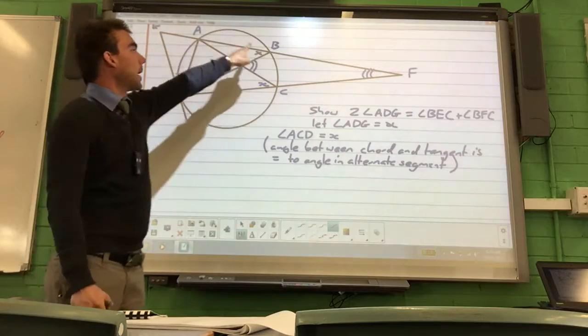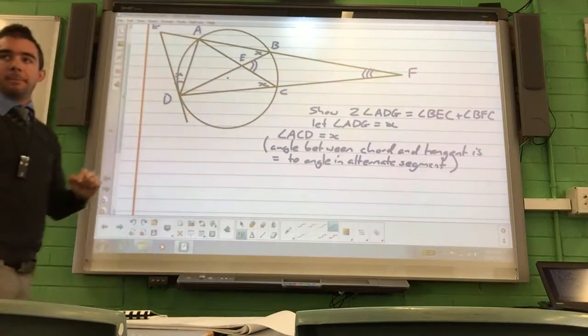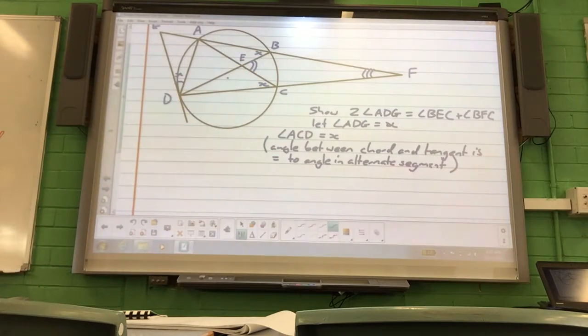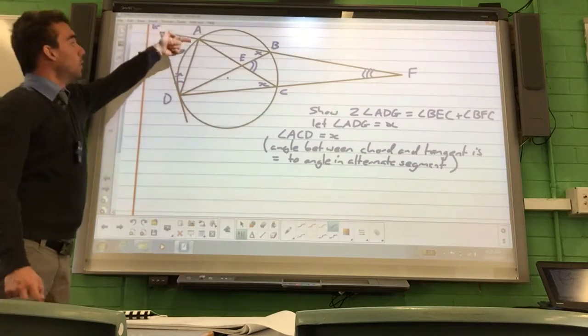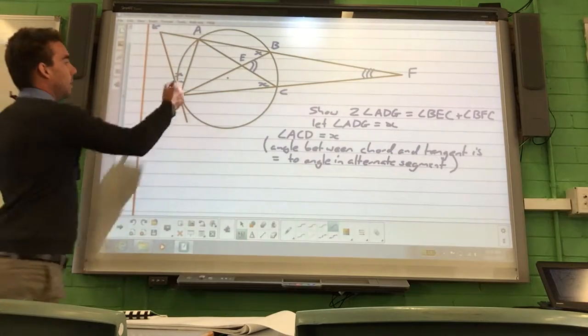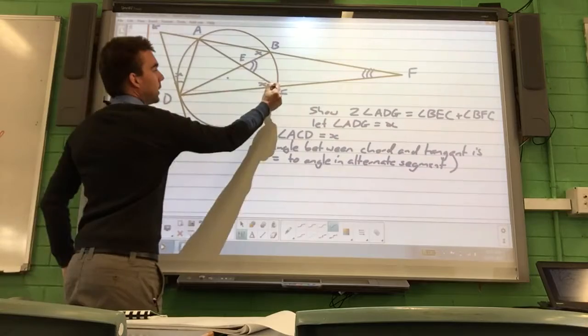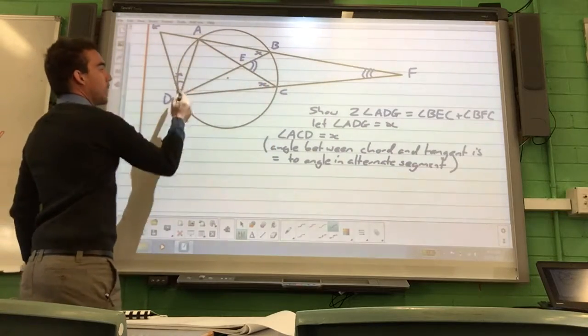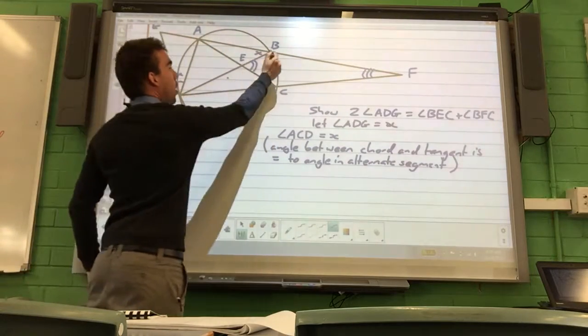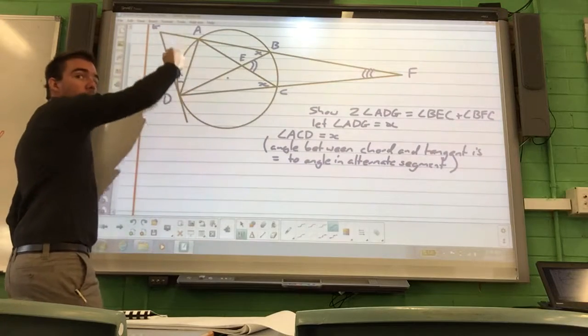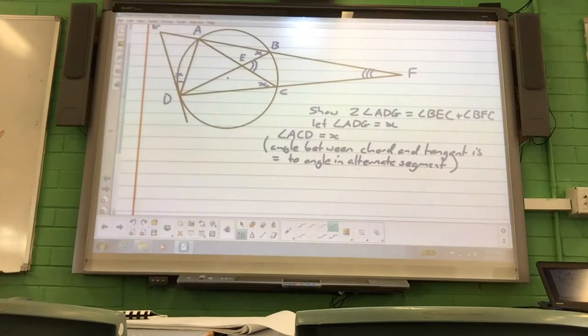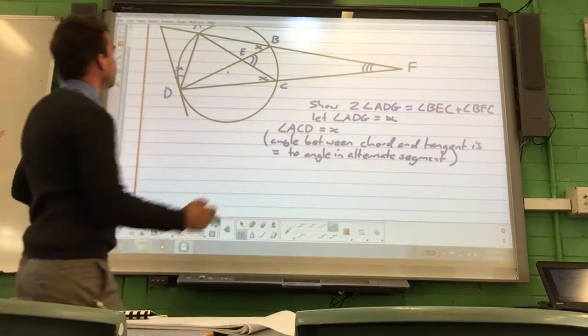That means those two angles will be equal as well. Angle between the chord and the tangent. So what we've done with the bottom triangle, we can also do the same for the top triangle because they still have that common chord there. So I'm just stating that that's another way you can show that is x as well.